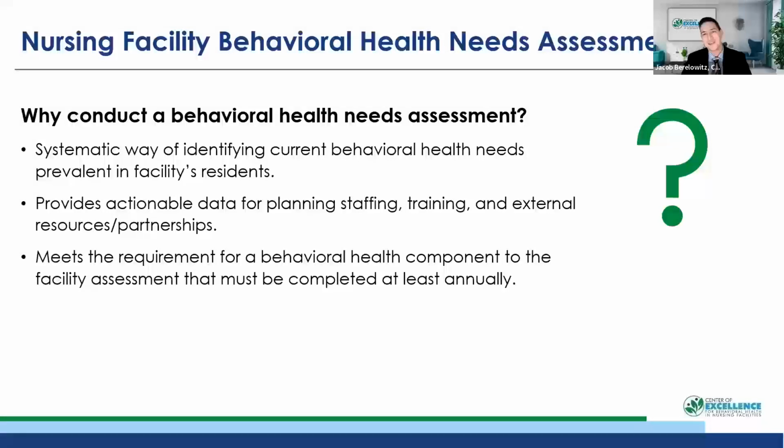But if you look at the instructions for how to fill out field F112, the instructions are all about referring to MDS Section E, which is all about behaviors of residents. So that does capture some information, but we'll talk about today some other ways that you can get much more rich information about the behavioral health needs of your residents and how to make sure that you're meeting their needs.